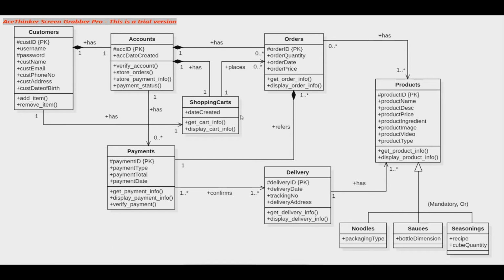The shopping cart entity will keep the attribute date created, and for the operations, it will also be able to get the cart information from the database, and display the cart information once the user retrieves it.